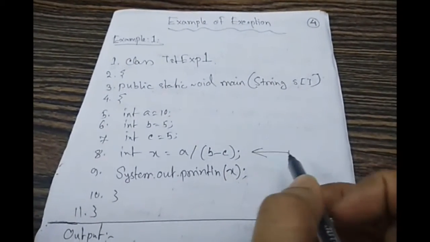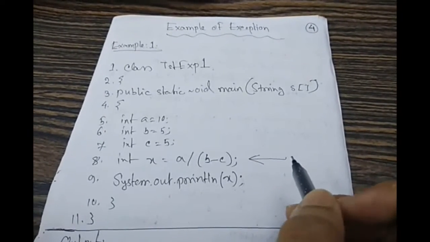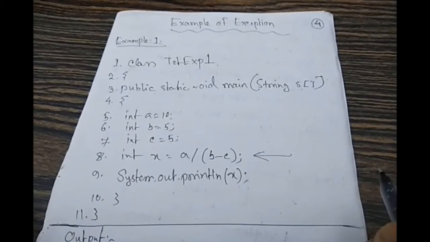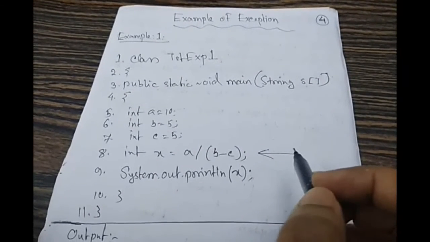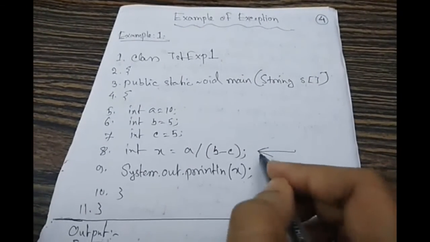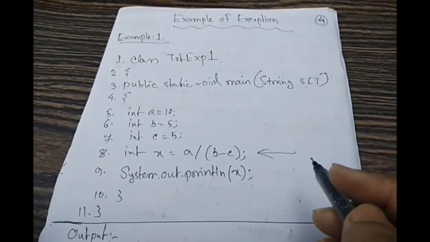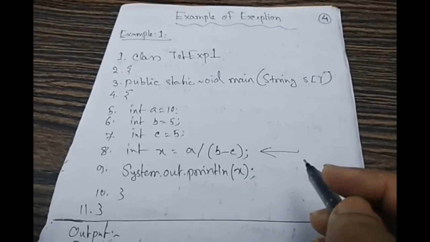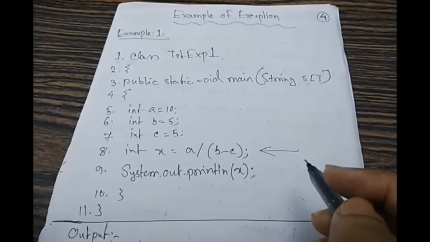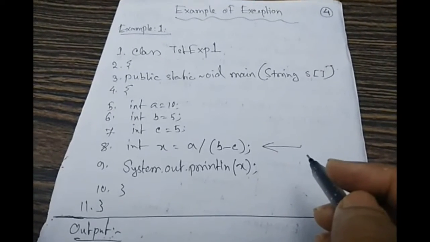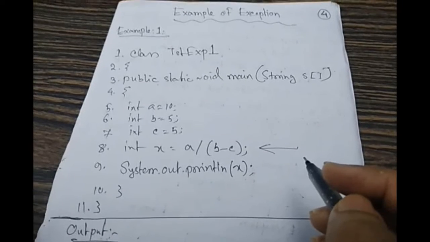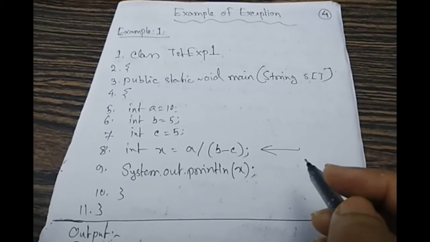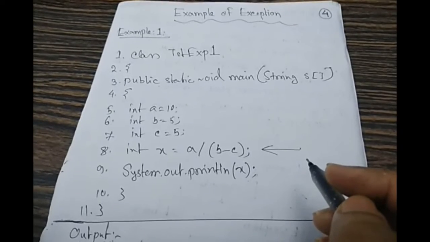Actually this division by 0 error is nothing but the runtime arithmetic exception. So whenever we write this code, an exception object is created and Java default exception handling mechanism catches the exception and throws the appropriate message.